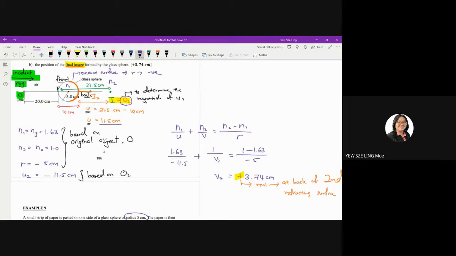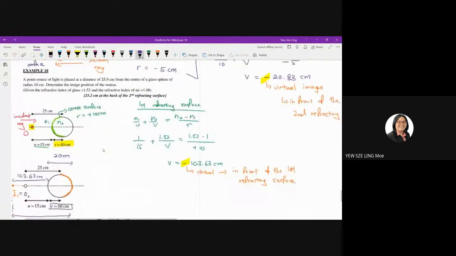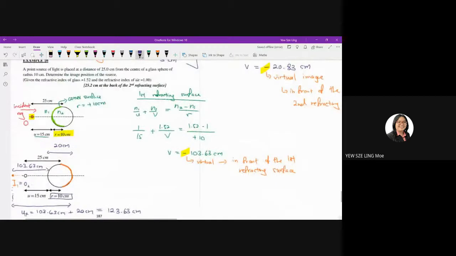If it's located in front of the refracting surface, then you calculate U2 by adding the diameter of the glass sphere. So my U2 equals 123.63 cm. Then where are my N1 and N2?